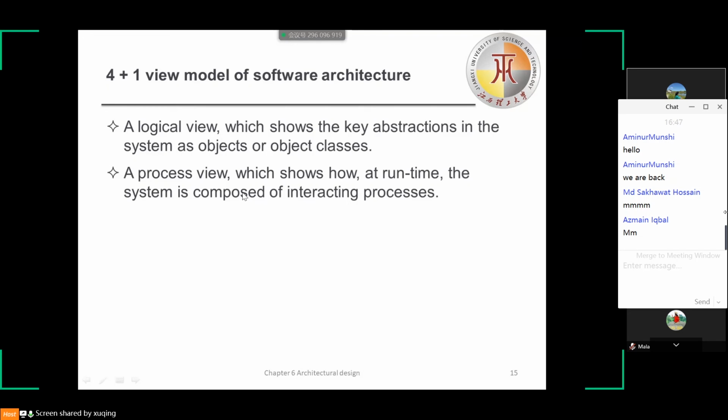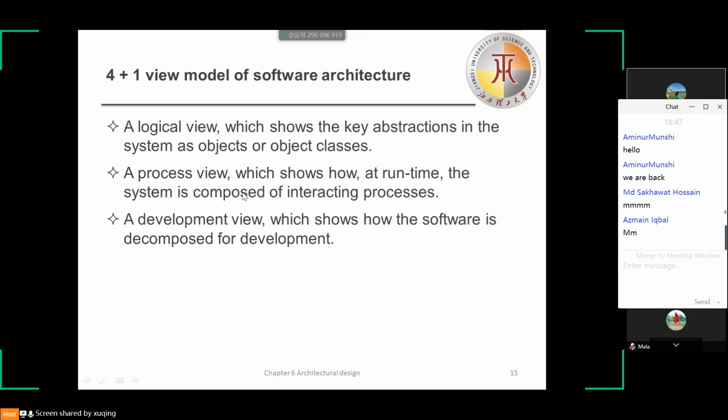The third view is a development view. It shows how the software is decomposed for development. Clearly, it shows the breakdown of the software into components that are implemented by a single developer or development team.